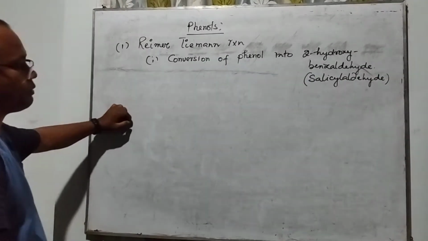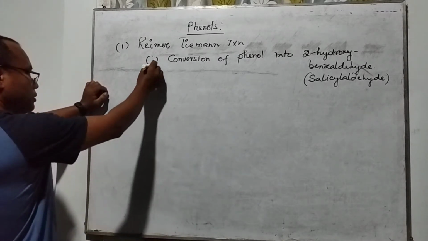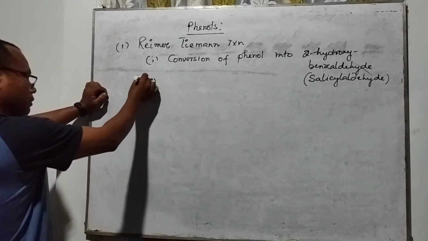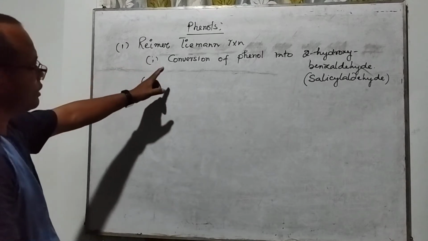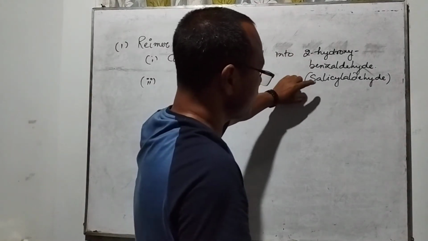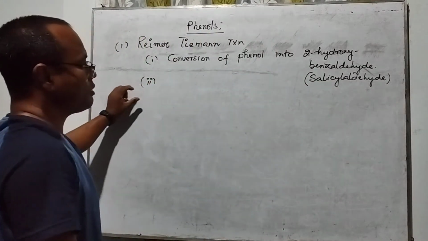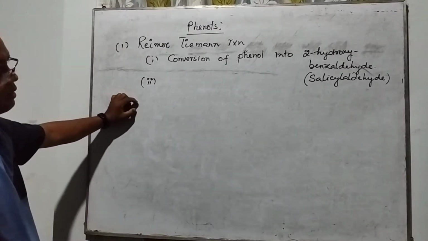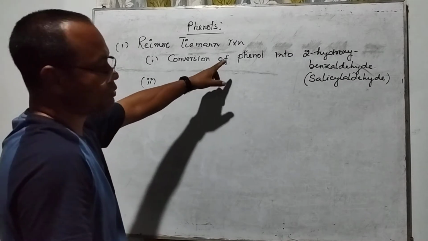This is the major product. So the importance of the Reimer Tiemann reaction is the conversion of phenol into 2-hydroxybenzaldehyde, that is salicylaldehyde. That means this is the formation of salicylaldehyde from phenol.